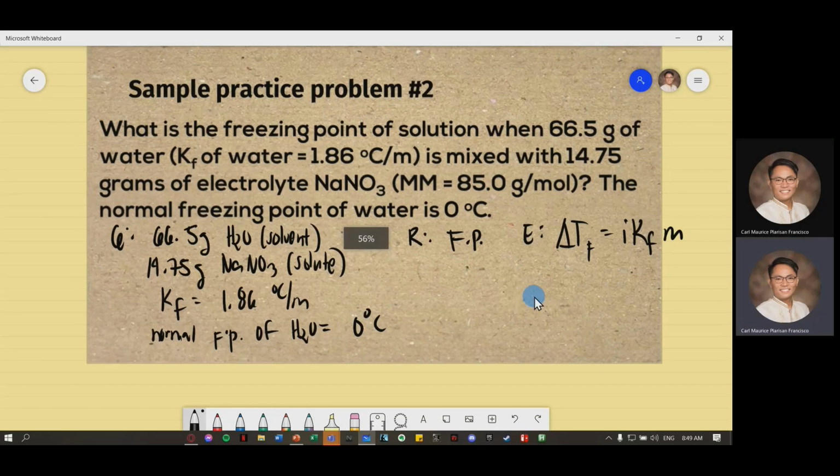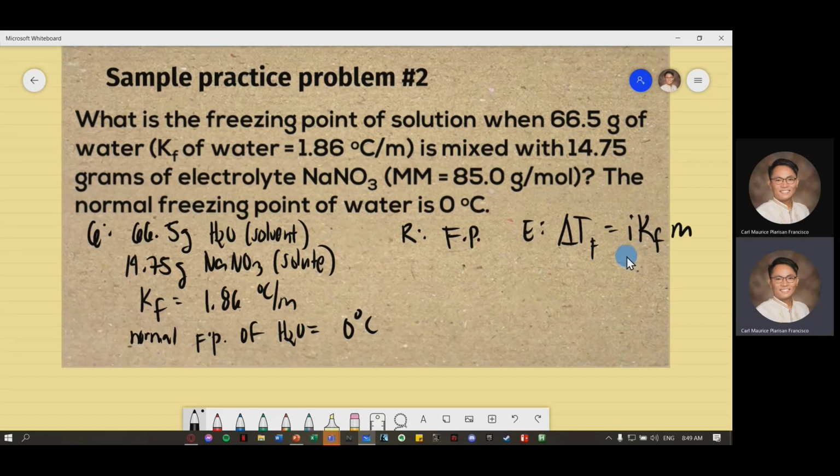O ngayon, bakit na naman may letter i? Kaya po may letter i, may Van 't Hoff factor dahil ito po ay electrolyte. Ayan no, binanggit na ng problem na ang solute natin ay electrolyte. Muli pong alalahanin na equation na gagamitin ay pang electrolyte or may Van 't Hoff factor kung ang solute ay isang uri ng electrolyte.